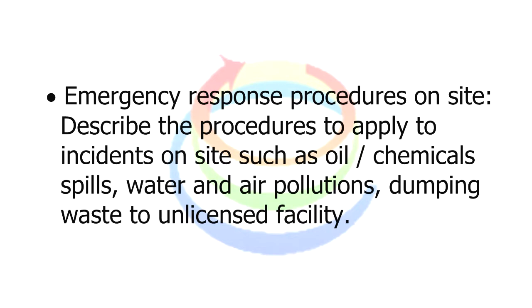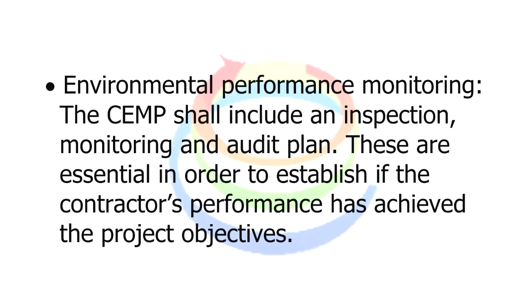Emergency response procedures on site. Describe the procedures to apply to incidents on site such as oil or chemical spills, water and air pollution, dumping waste to unlicensed facility. Environmental performance monitoring. The CEMP shall include inspection, monitoring, and audit plan.